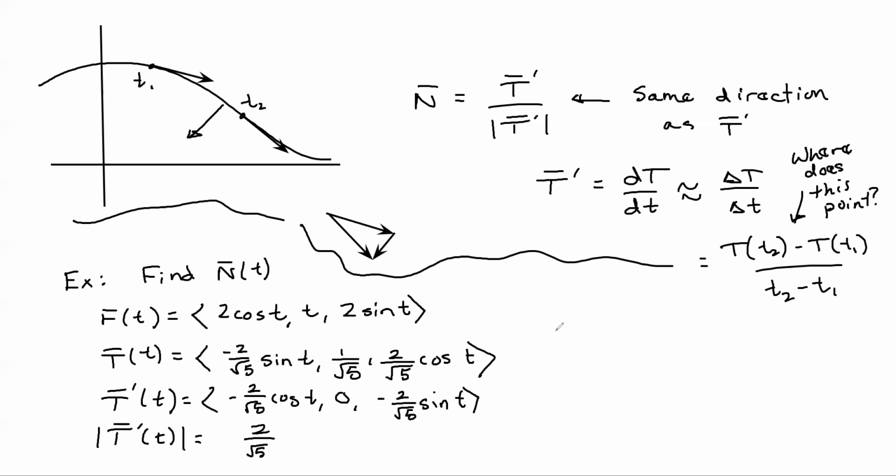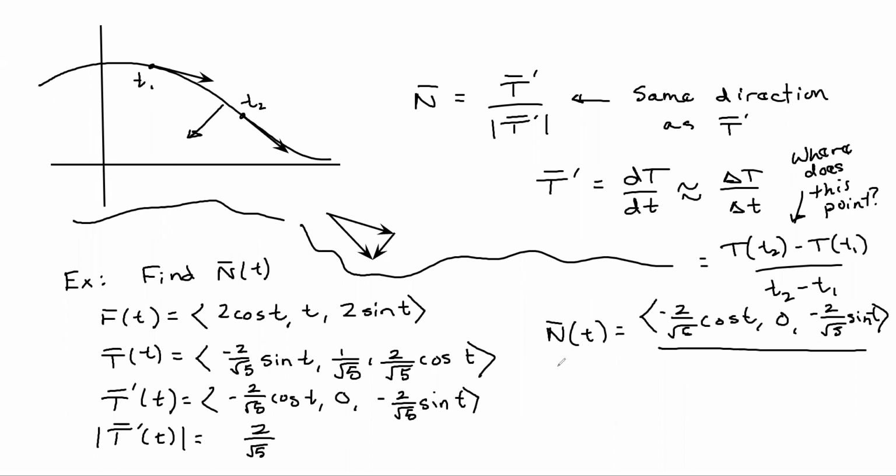And then finally, once you've got T prime and the length of T prime, you can divide them to calculate N. So we're going to get this vector divided by that number: negative 2 over root 5 cosine t, 0, negative 2 over root 5 sine t, over 2 over root 5. So that's what the unit normal is.